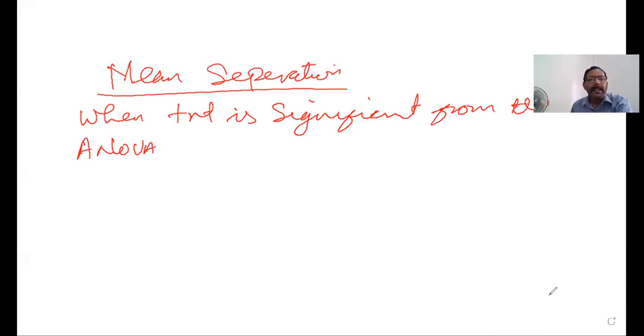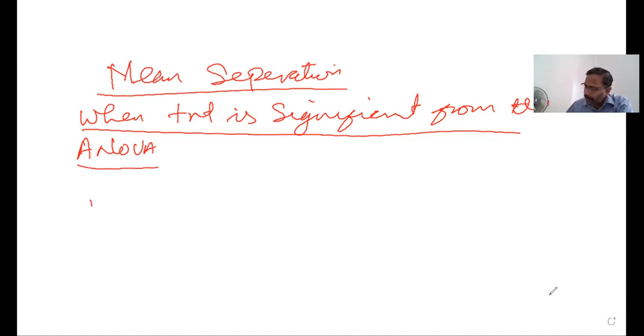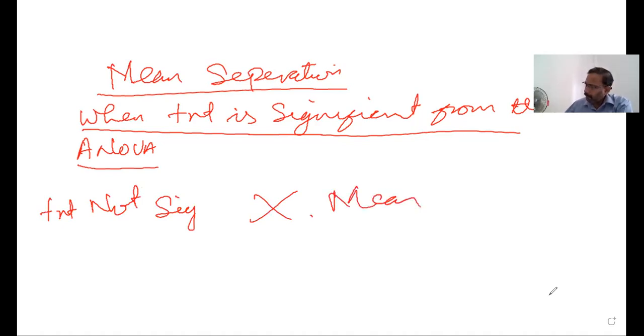When the treatment is significant from the ANOVA table, then we can go for mean separation. If the treatment is not significant, then we don't need to go for mean separation. Right? If the treatment is not significant, then there is no point in going for mean separation.